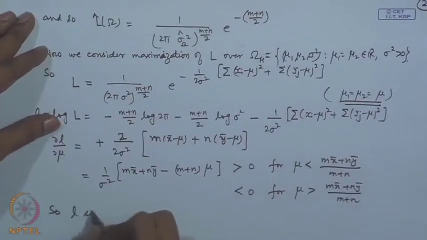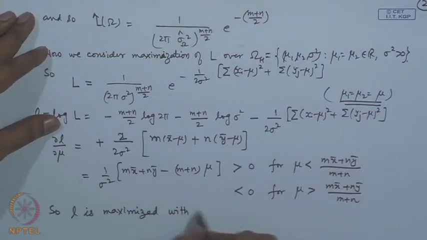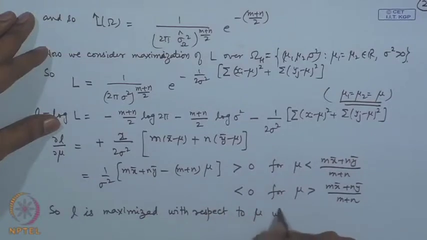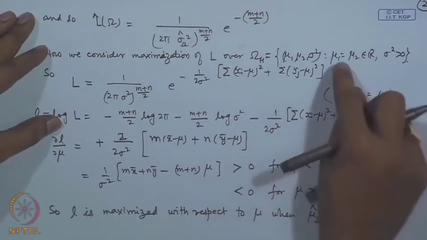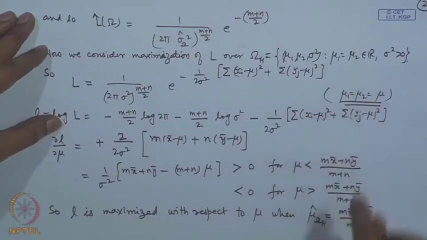So, L is maximized with respect to mu when mu is, we call it mu hat omega h, equal to (m x bar plus n y bar) divided by (m plus n). So, this is the maximization of L with respect to mu when the null hypothesis mu 1 is equal to mu 2 is true.